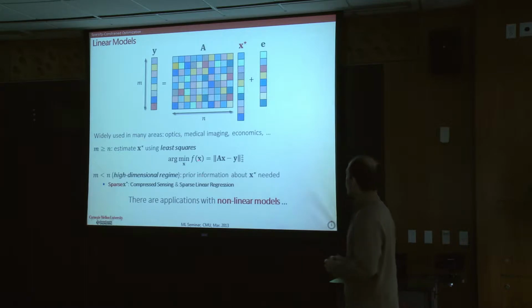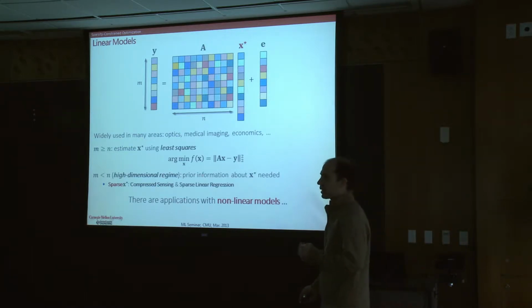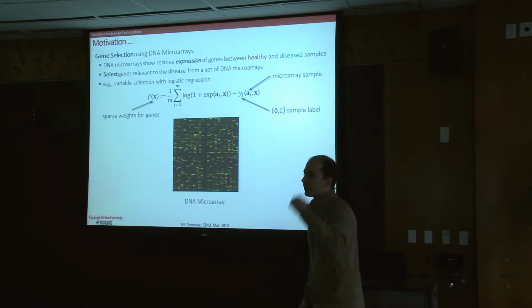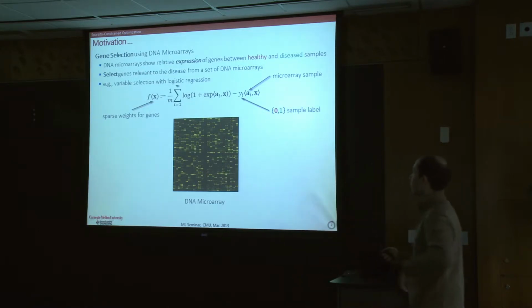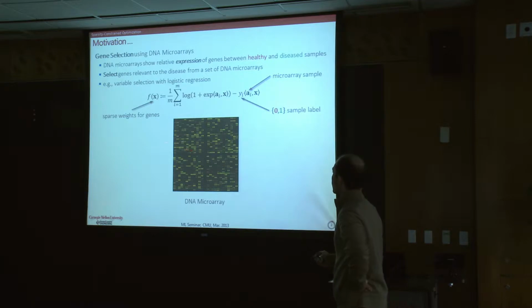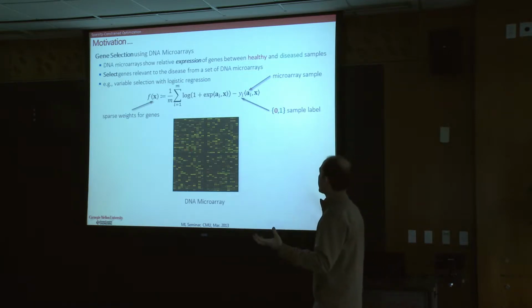The point is that beyond this type of standard linear models, there are some interesting applications where we have nonlinearities in these models. So, for example, we have this gene selection problem, where you, for example, use DNA microarray data, and you want to predict the few genes that contribute to a certain type of disease.